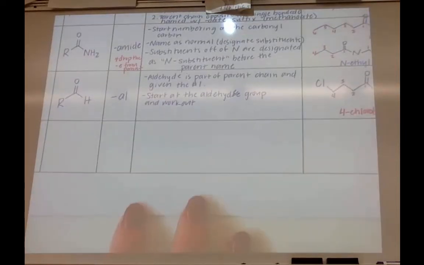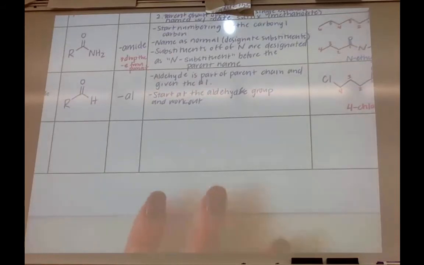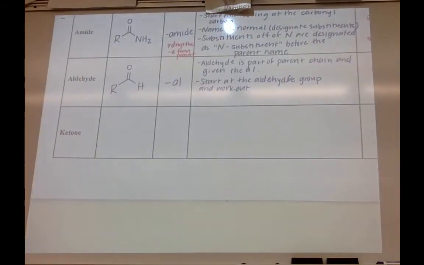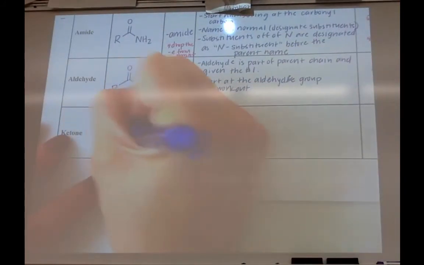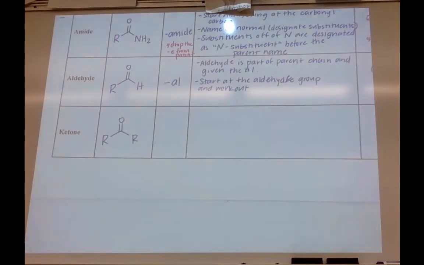Okay, then we look at ketones. So notice how all of these so far have had carbonyl carbons in them. It helps to give priority. So a ketone, you distinguish a ketone because of that carbonyl carbon.